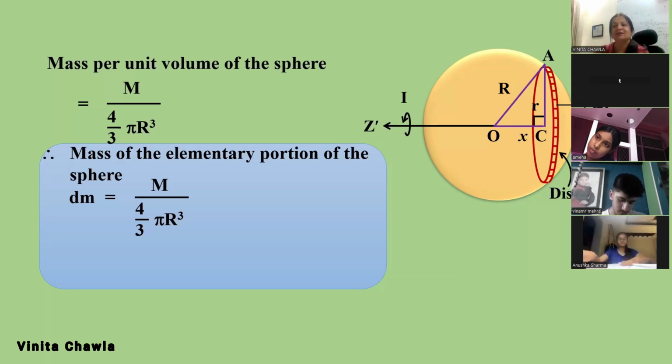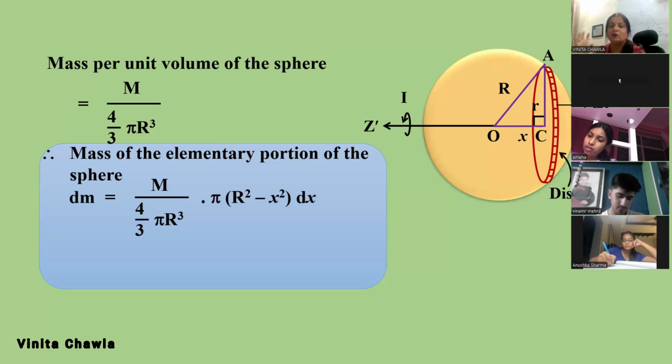When you take out a thin slice of this solid sphere, you'll get a disc. So we can easily find the volume of the disc, by multiplying its area with its thickness. Now what is the area of the disc? It's πr², and small r² can be written as capital R² minus x².